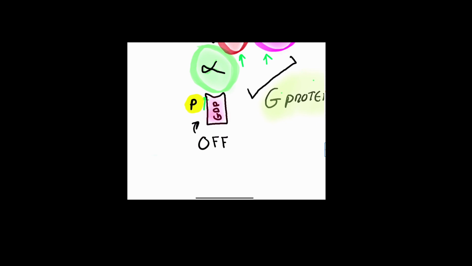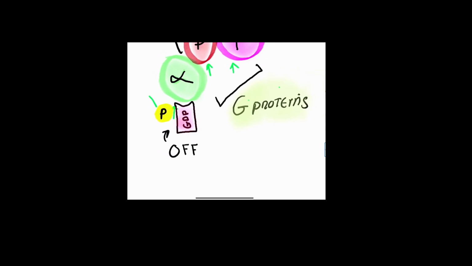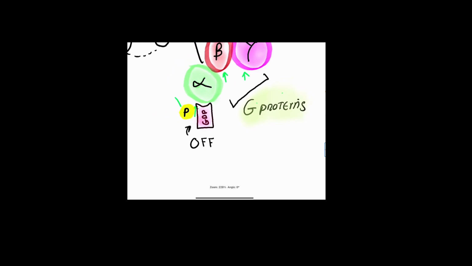Well, if you look here, I have a phosphate. And when we add a phosphate to GDP, it is going to turn on the trimeric protein structure, the G proteins. And again, they're G proteins because they use GDP and GTP to regulate their activity, okay?